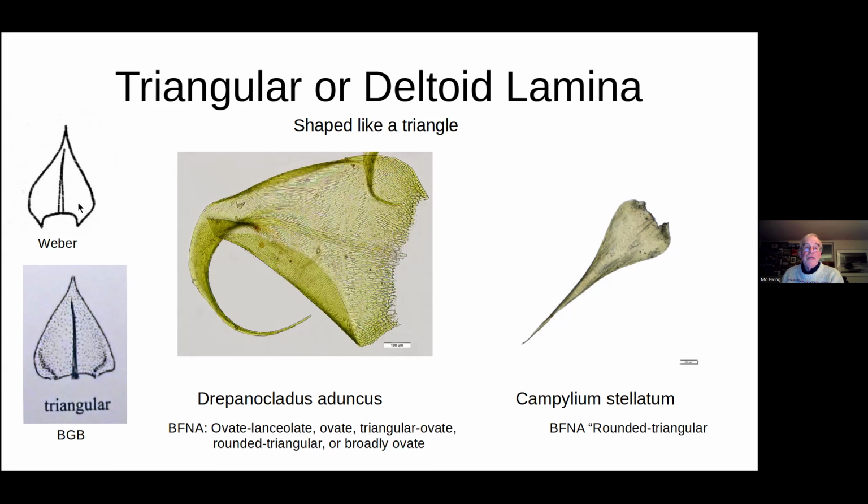As you can see in the examples, the widest point is down here, but it's a straighter line to the point rather than concave. But BFNA calls it rounded triangular.